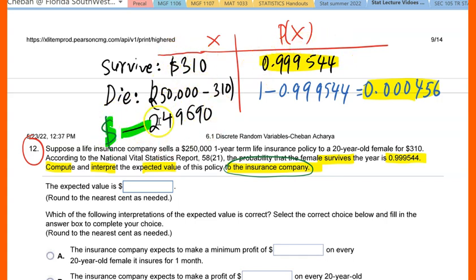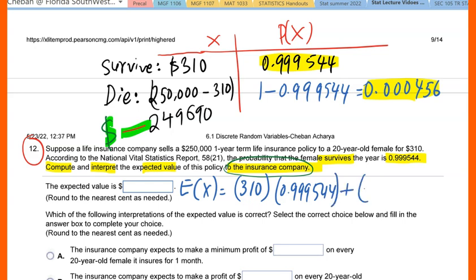Now we have X and P of X. You multiply and add them. That's the expected value. Let me do that for you. Expected value E of X equals $310 times 0.999544 plus negative 249,690 times 0.000456.